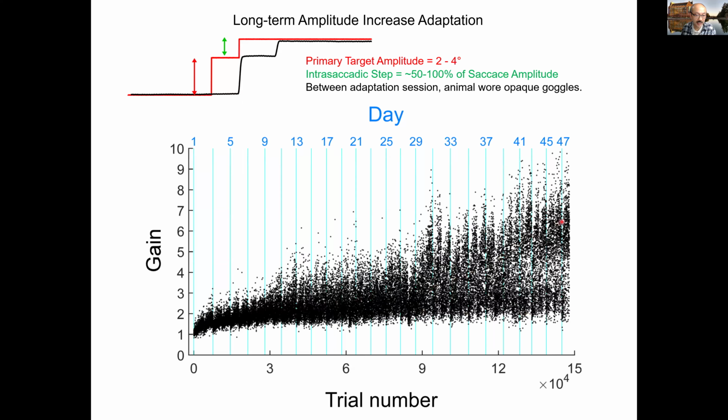The other kind reaches an average gain of about 6, and an individual saccade can be as high as a gain of 9. We call these high gain adapted saccades. This is the combined data from all 2 to 4 degree target amplitudes, and the trial number to reach this is close to 150,000 saccades.